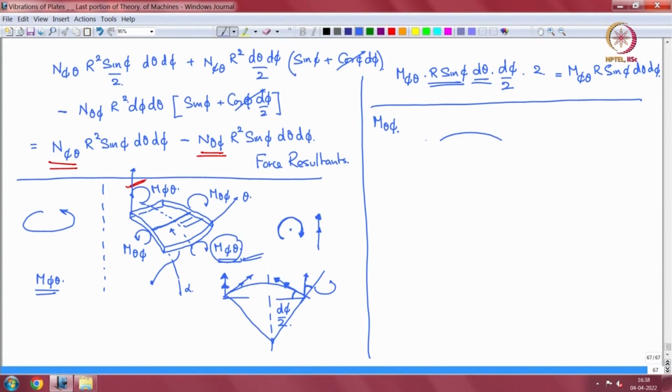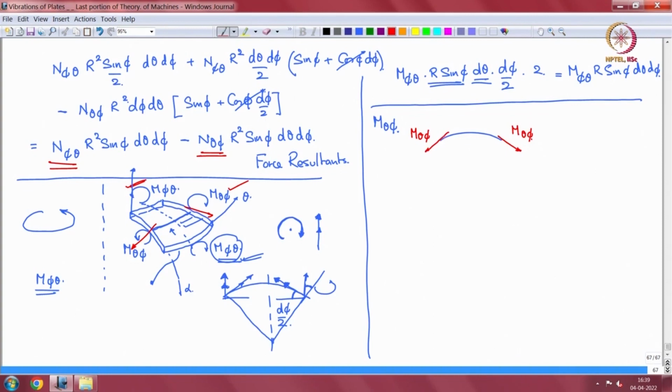Now if I use the right hand rule, this is going down, similarly this is also going down. So this is going out like this. This is on the right hand side here. This is going down here. This is on the left hand side, m theta phi and m theta phi.